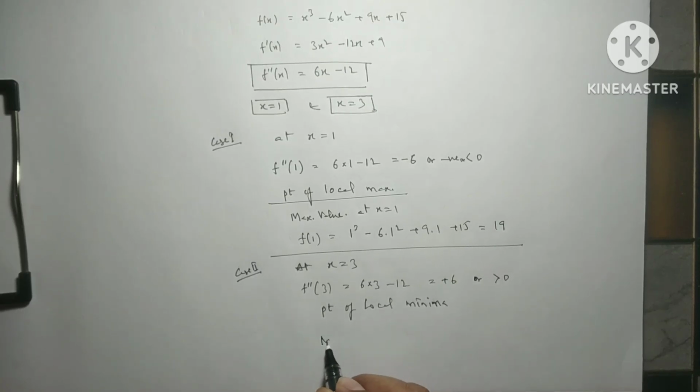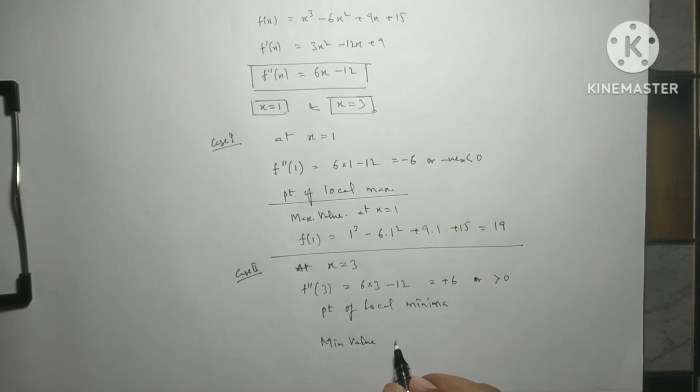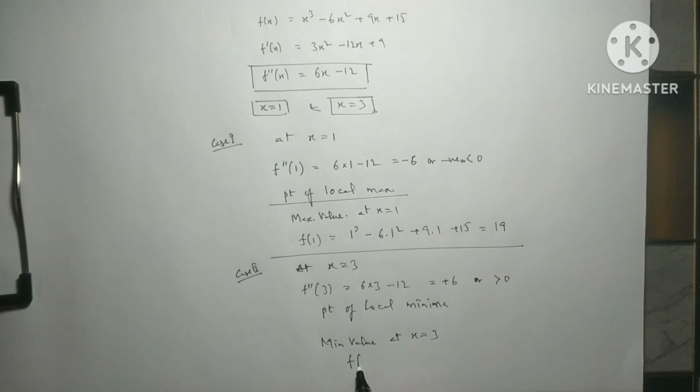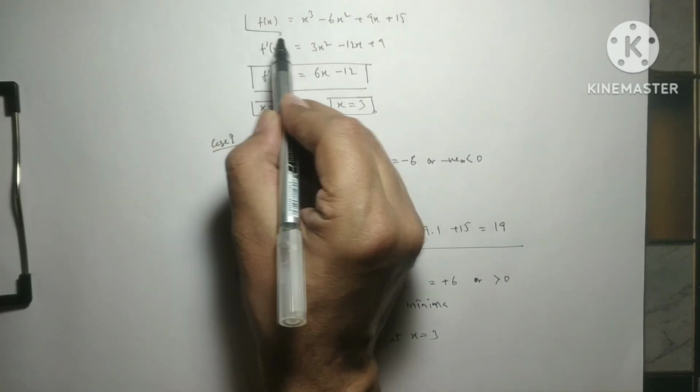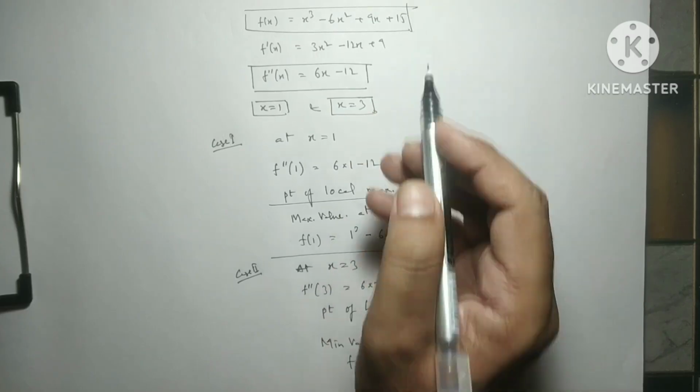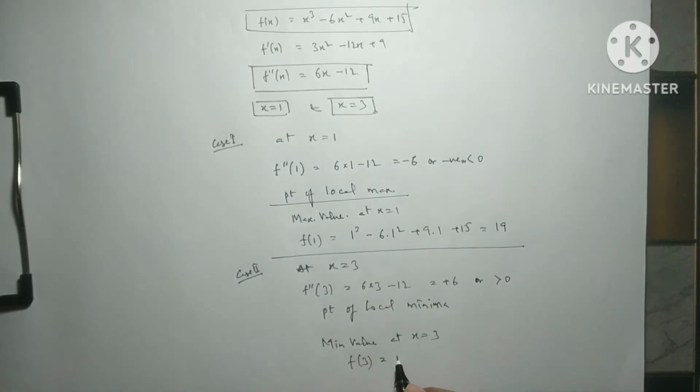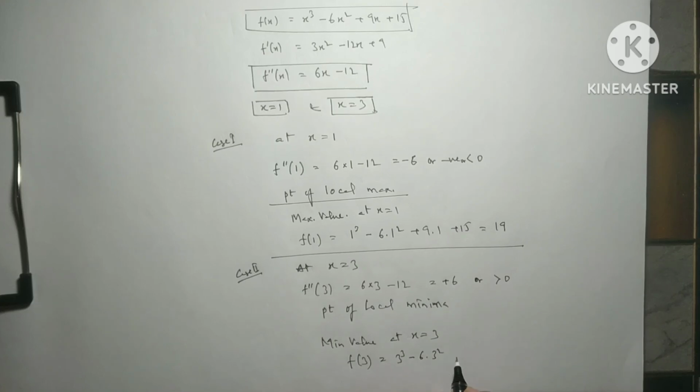and the minimum value will be, that is, we put x equals 3 in the equation of function. So it will be 3 cube minus 6 into 3 square plus 9 into 3 plus 15.